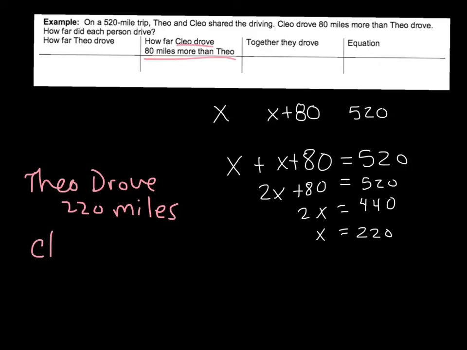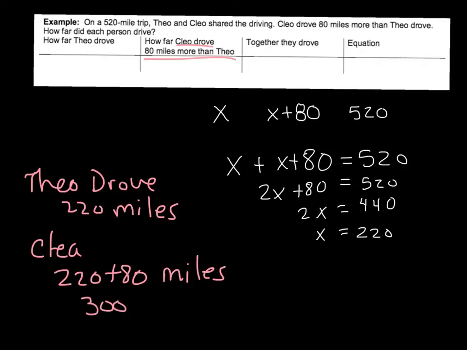So that would mean that Cleo drove 220 plus 80 miles. And I just want to check my work. So 220 plus 80 is 300. And 300 plus 220 does indeed equal that total of 520. So I know my answer is right because Theo drove 80 miles less than Cleo, and they both add up to 520.